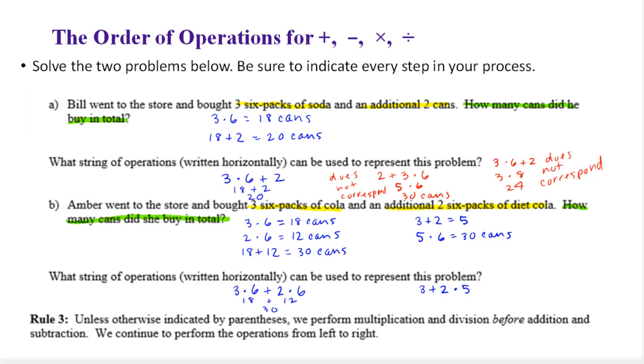Notice that isn't really what we wanted. Sorry, this should be 3 plus 2 times 6 cans. Okay, so this was the number of 6-packs times 6 for 6 cans per 6-pack. Okay, so if we did the multiplication first, that would be 12 plus 3, which is 15. That's not what we wanted.